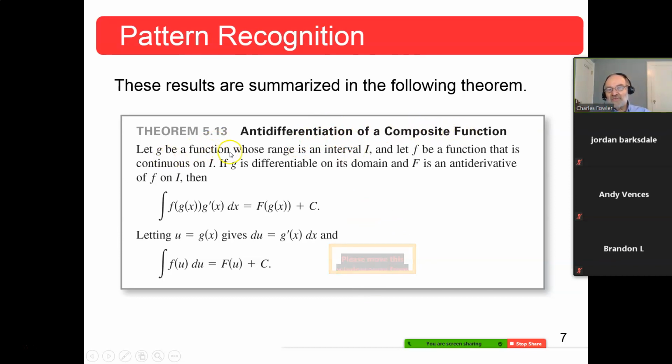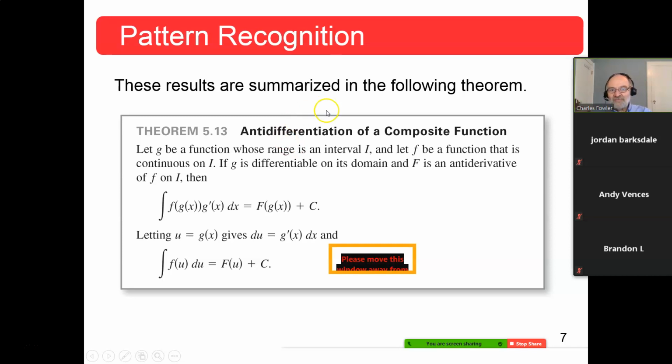If g is a function whose range is an interval I, and f, this time a little f, is a function that is continuous on that same interval I. I'm sorry, I wasn't paying attention.